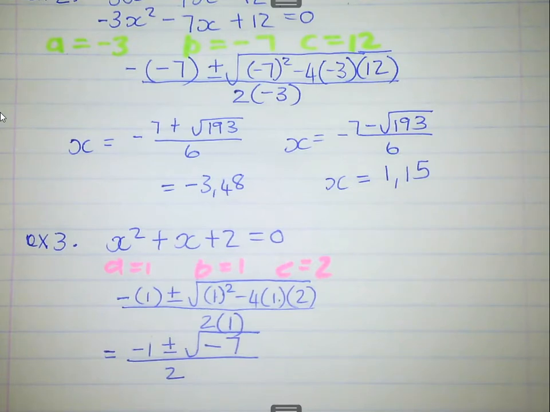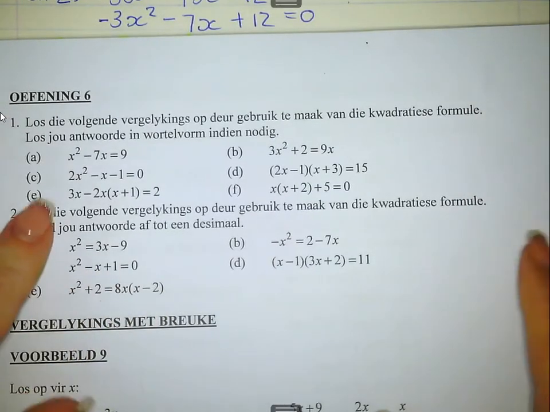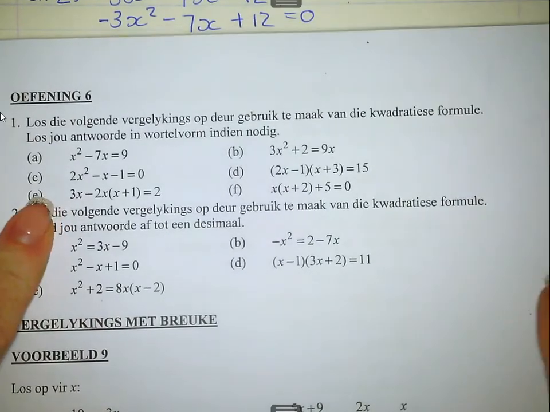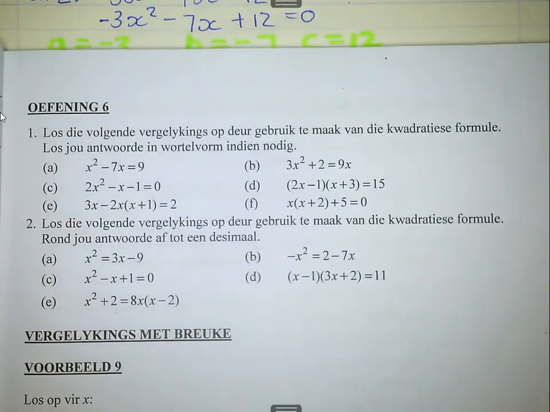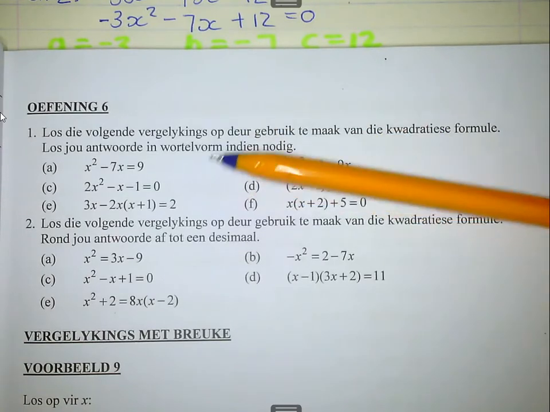Now I'm going to give you homework. It's exercise 6 on page 31. On page 31, I want you to do the whole of number 1 and number 2.